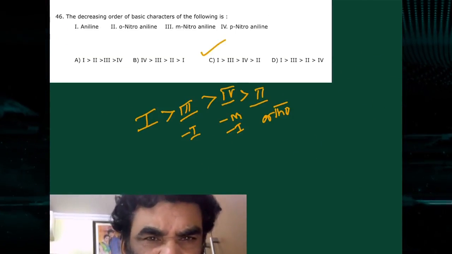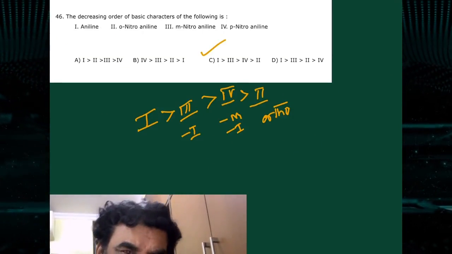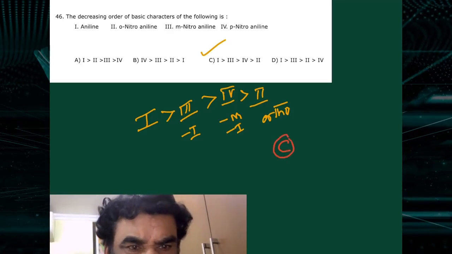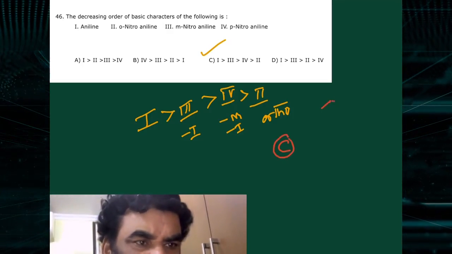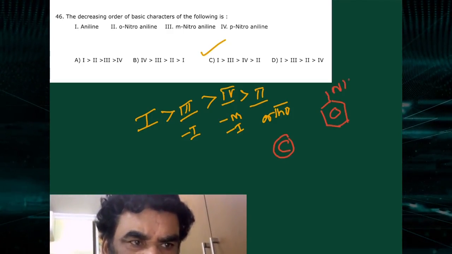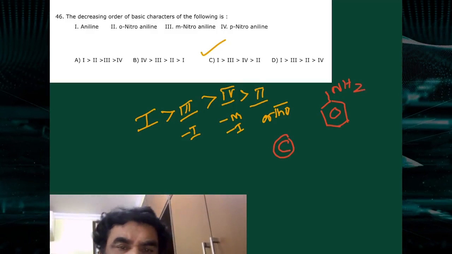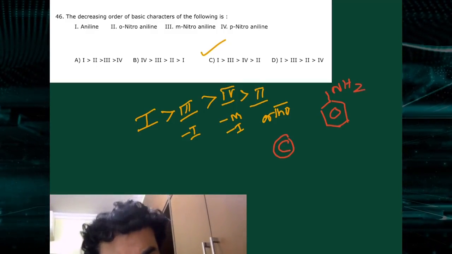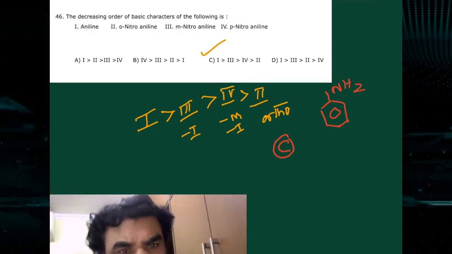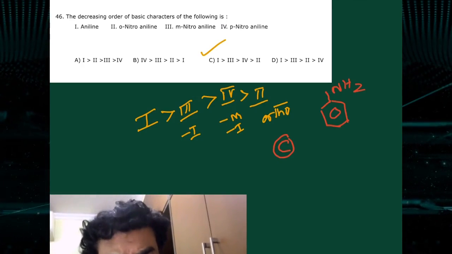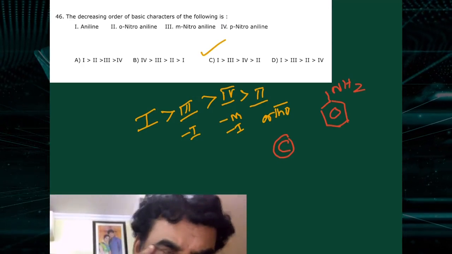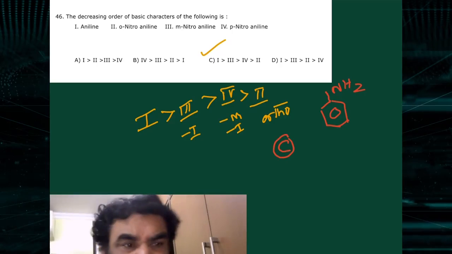And this is aniline, nitroaniline, metanitroaniline. C is correct here. Aniline, minus electronic effects increase the acidic properties, plus effects decrease them, and minus effects decrease the basic properties.